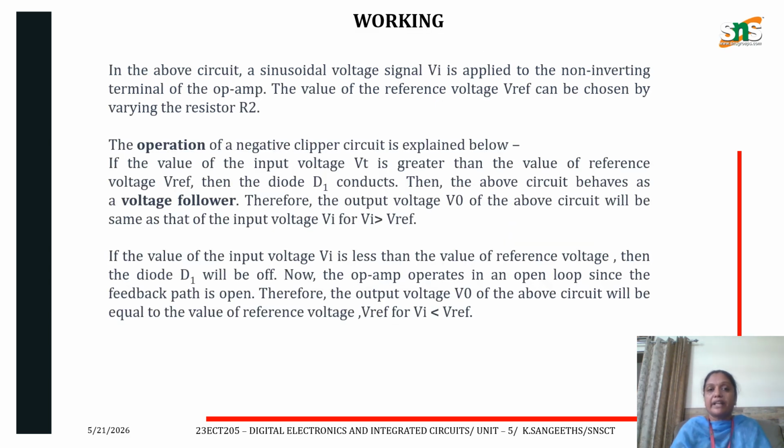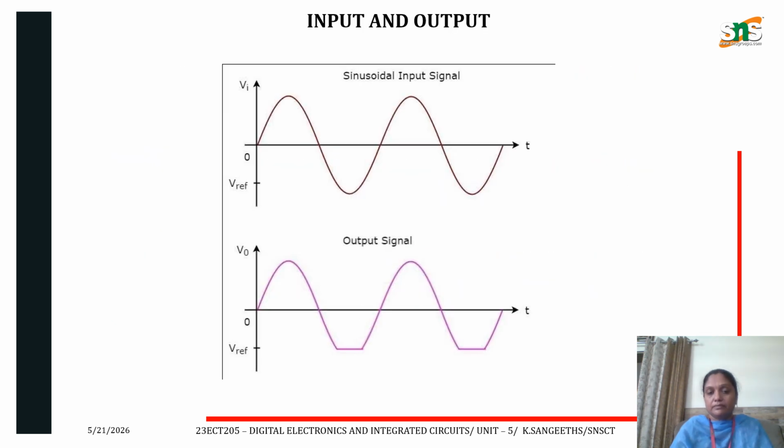In the operation of a negative clipper circuit, if the value of the input voltage is greater than the value of the reference voltage, then D1 conducts. So the circuit behaves as a voltage follower, and in the negative clipper, the negative portion of the input is clipped. Here, see, this is the input, and here the negative side is clipped.